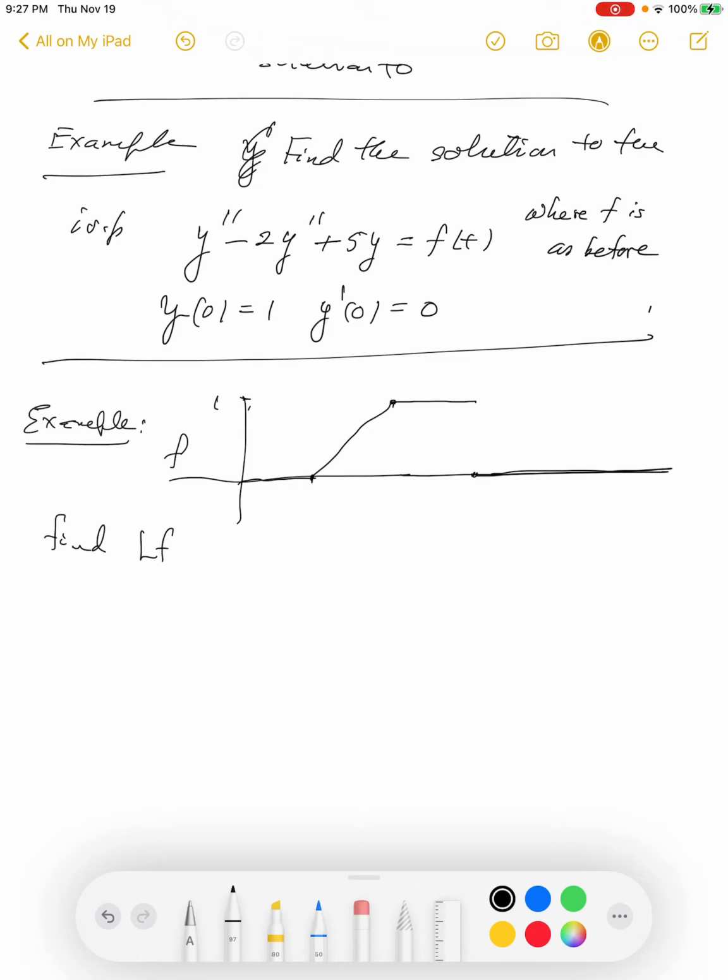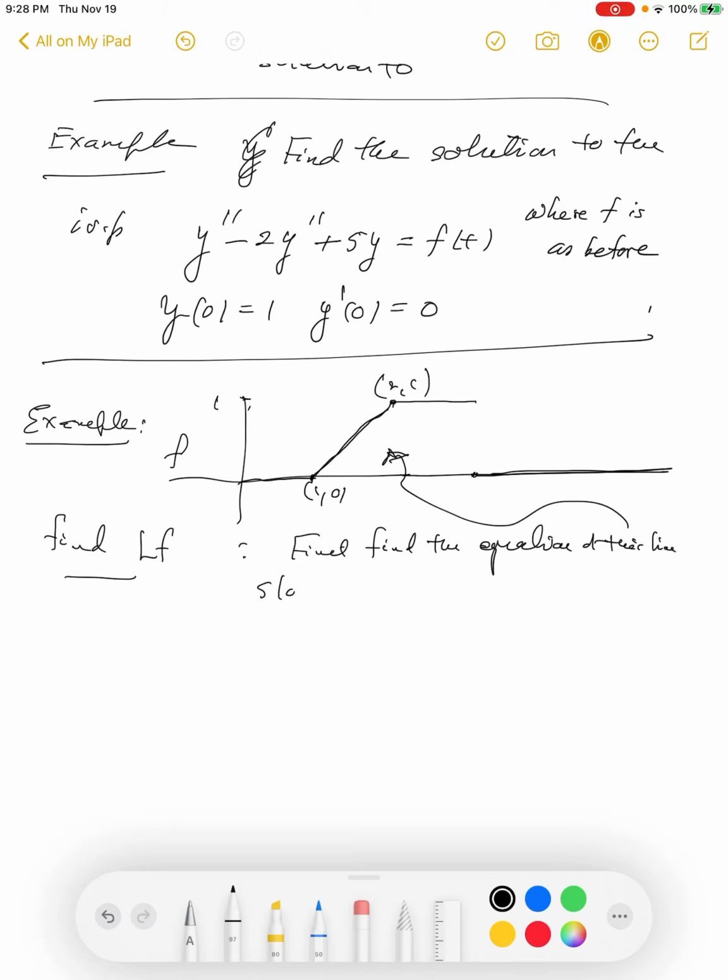So as you see, for this function you will need the equation of this line. First find the equation of this line. So this point is (1, 0), this point is (2, 1). So you take the slope of this.